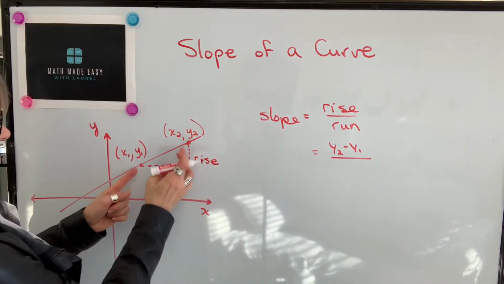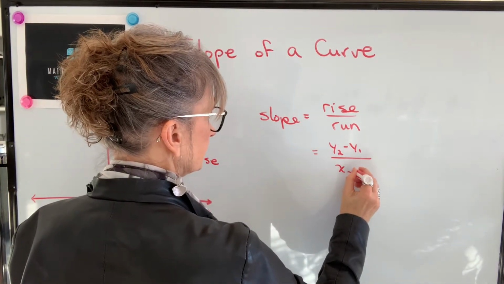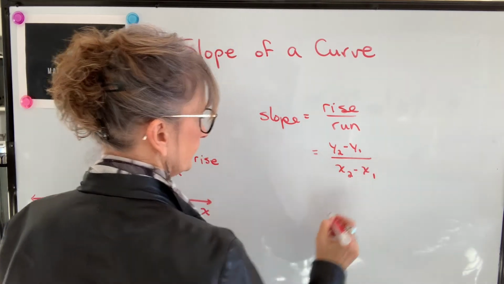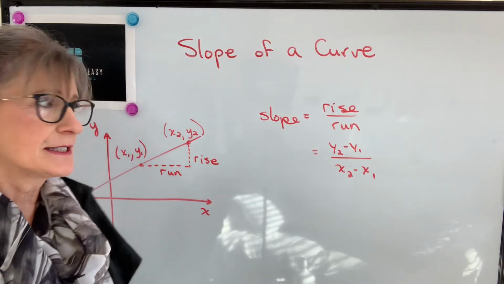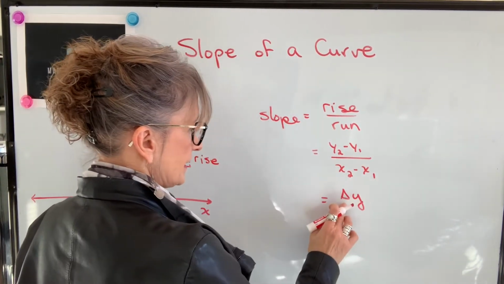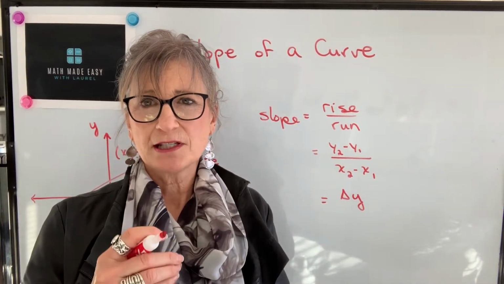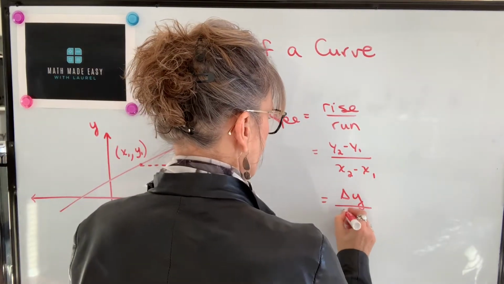Run is the difference in the x values, so x2 minus x1. And another way we can think of it is the change in y. Delta is a Greek symbol that we use to represent change. So when we say delta y, it means the change in y over the change in x.